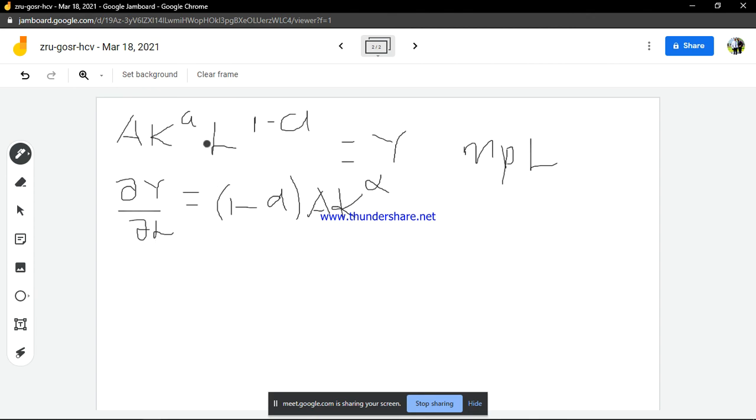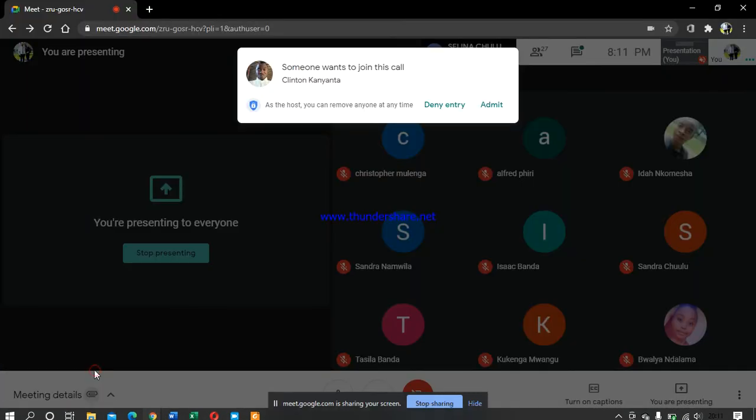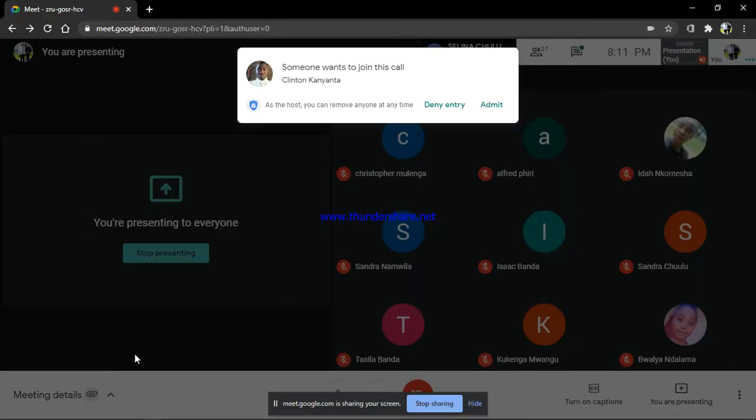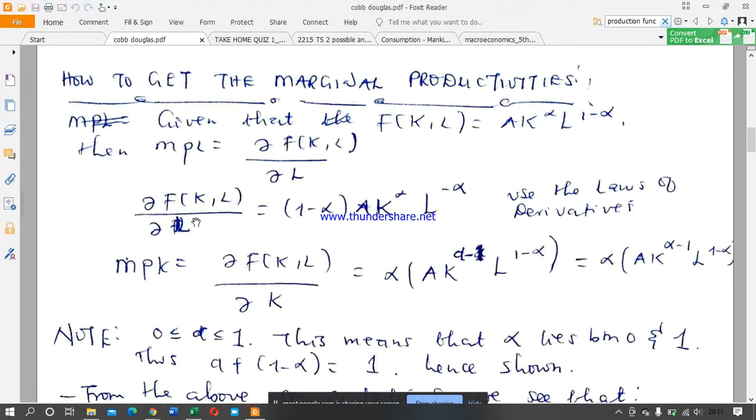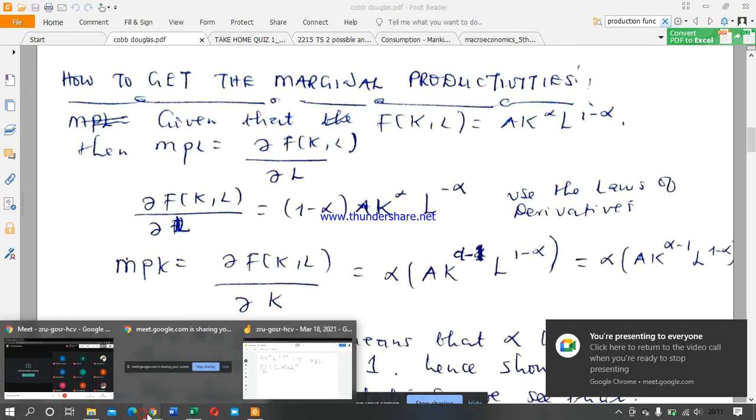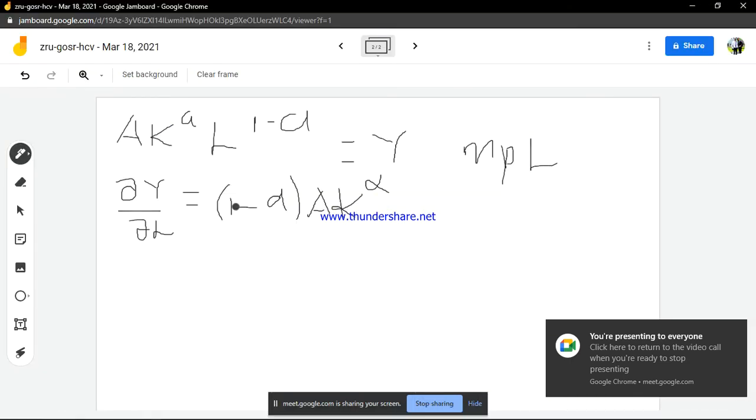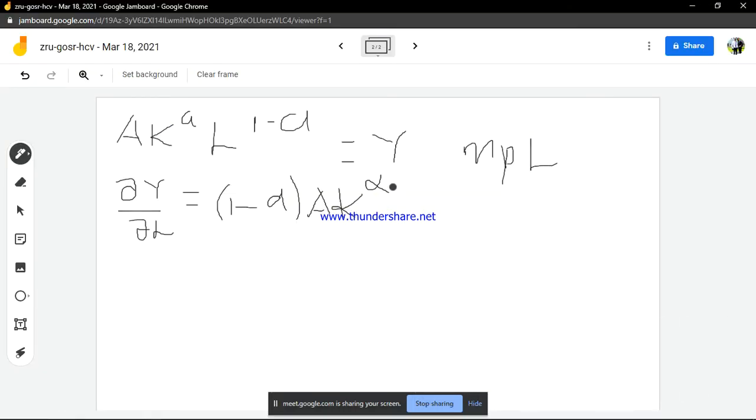But we're going to temper with labor, because we're differentiating with respect to labor. So this will be 1 less alpha, the exponent of L. We are not dealing with the exponent of capital, we are dealing with the exponent of labor. So we have 1 less alpha, AK alpha.